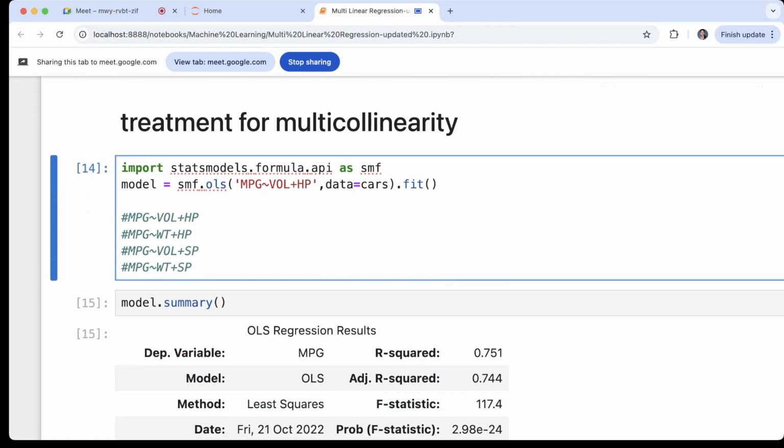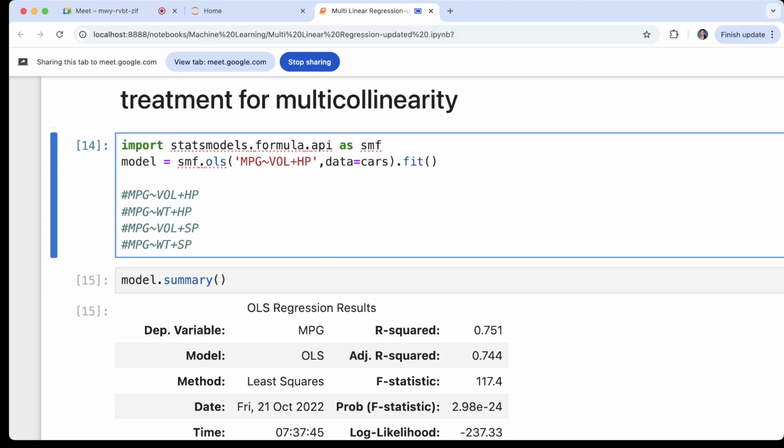Now I need to find out which of these four is the best model. I have calculated for one. Similarly, you calculate for the others and tell me which one was the best. Just copy paste this code and replace this part with the second, third and fourth.